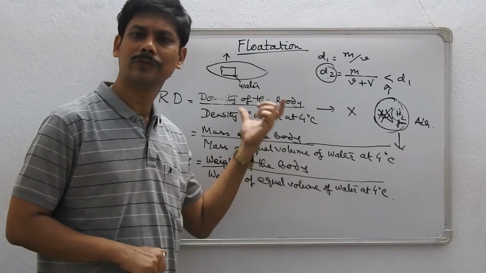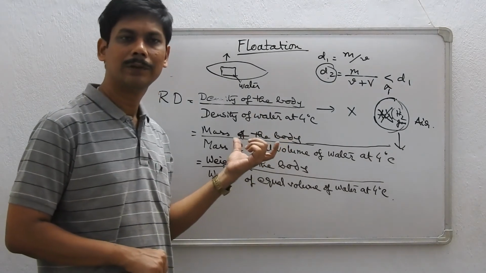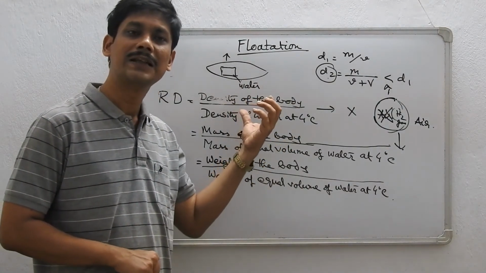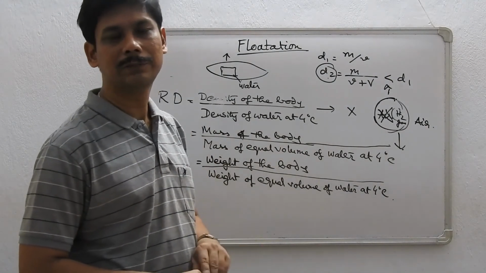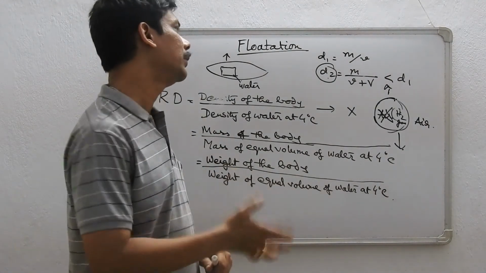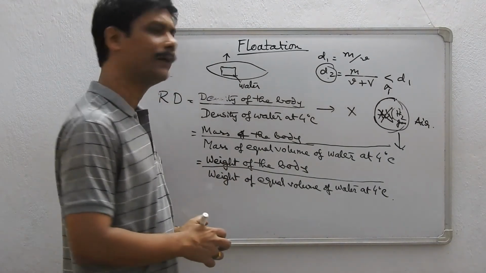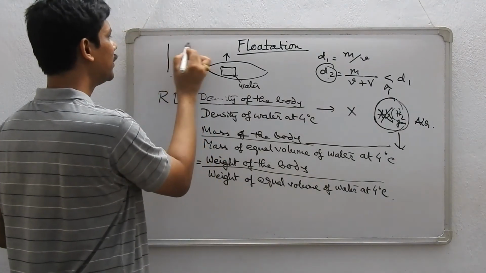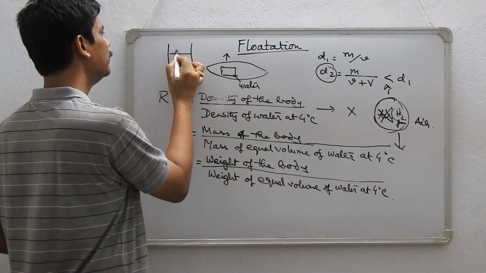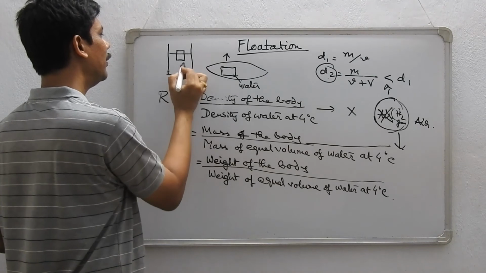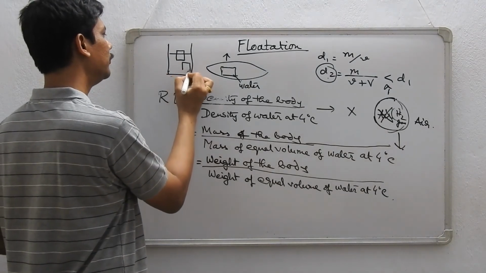A body floats fully or partly submerged in a liquid if the weight of the body is less than, or rather equal to, the weight of the liquid displaced. I repeat once again, a body floats fully or partly submerged. Now what do you mean by fully submerged? Say, for example, I can take a glass of water and put in an ice cube, or maybe a piece of wood floats like this.